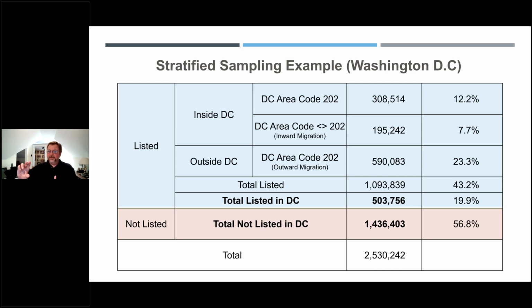So you net those two together, you end up with 500,000 total listed numbers that truly are in Washington, D.C. And then the other component of this is the not listed, and these are going to be defined by the traditional rate center methodology. They include the unlisted, they include the unassigned numbers, but again, it fills out the frame, and you can sample the listed, not listed strata at differing rates to improve efficiency without sacrificing coverage.